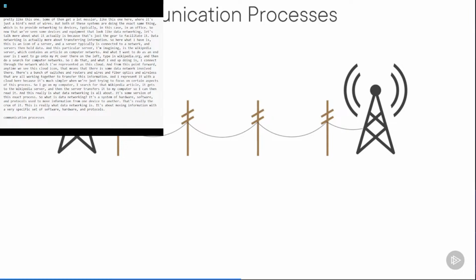That encoded voice is then going to get translated into a signal that can travel across these wires on the telephone poles. They might be fiber optic, they might be copper, but we can send that signal from one cell tower to another cell tower over that system.